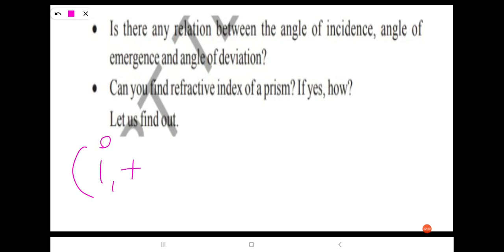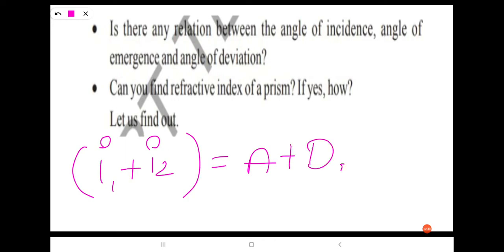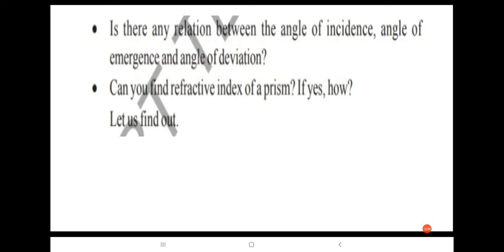I1 plus I2 equals A plus D, where I1 is the angle of incidence, I2 is the angle of emergence, A is the angle of the prism and D is the angle of deviation.